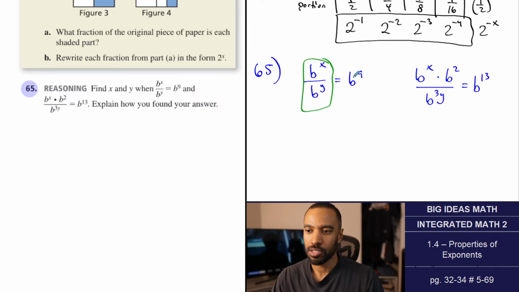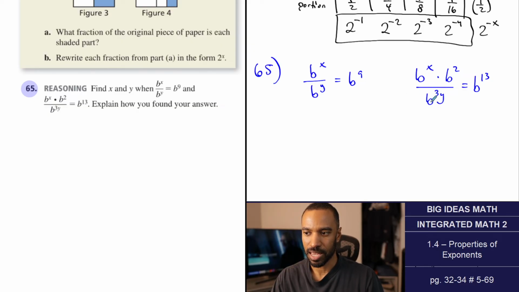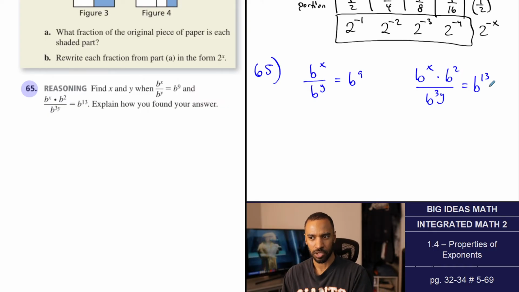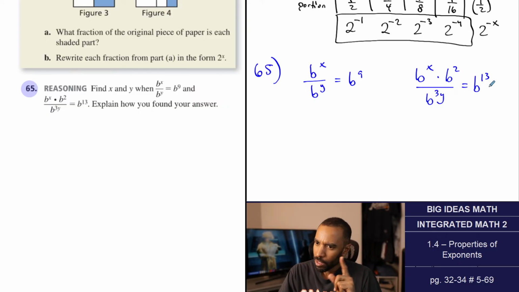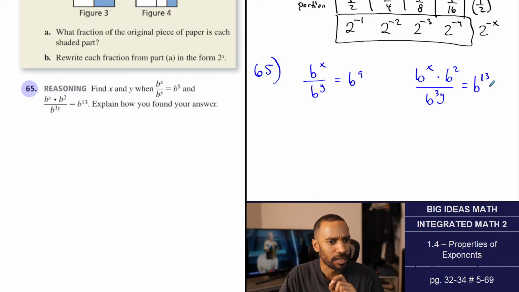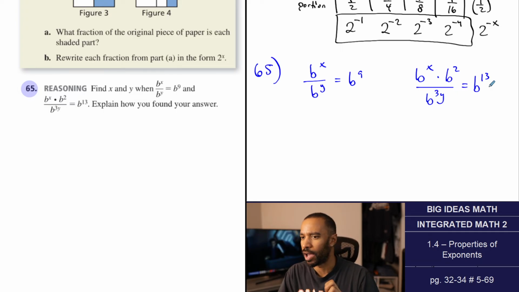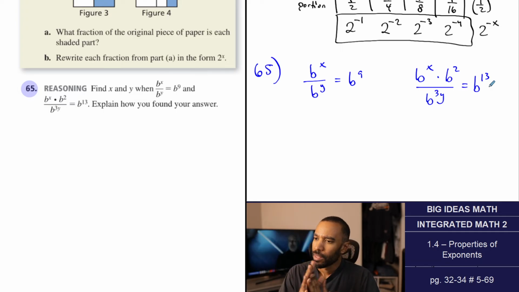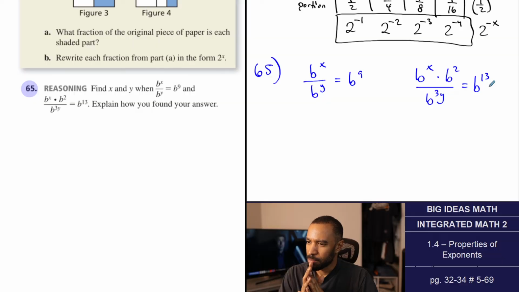I probably want to do the former, which means I want to rewrite this so that instead of b to the 3y, it somehow says b to the x over b to the y. But there are 3 of them there, and I can't separate them fully. Let's see, what do they want? Find x and y. Because it does say b to the 3y, and I know how to rewrite that portion, but I want to just get a single b to the y there.